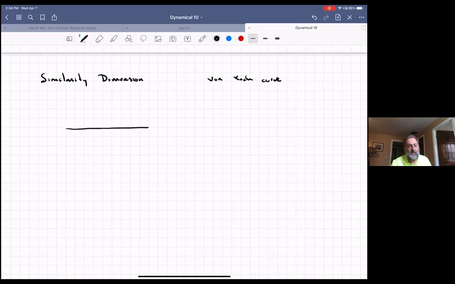Okay, so another one of these is to build something called the von Koch curve. So in the von Koch curve, you start with the line, and the line has a length of L. And then you take out the middle of the line and you add ends of it.